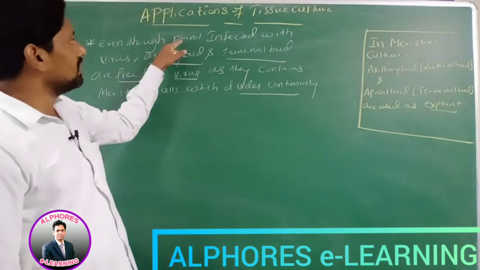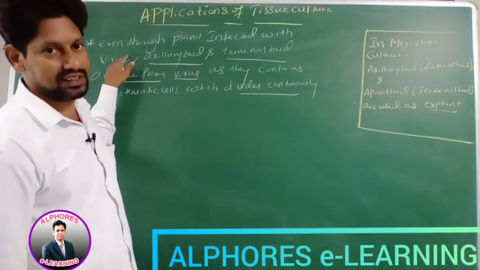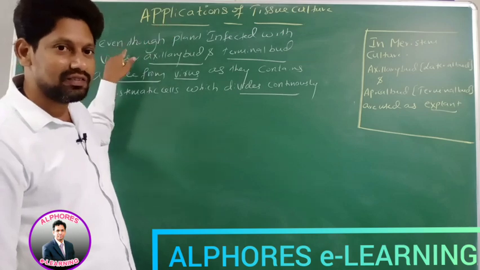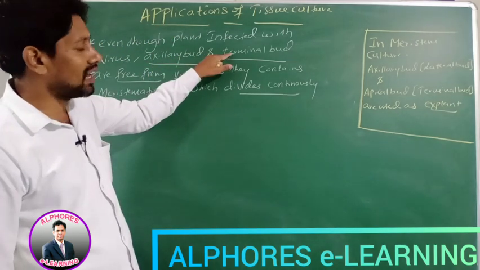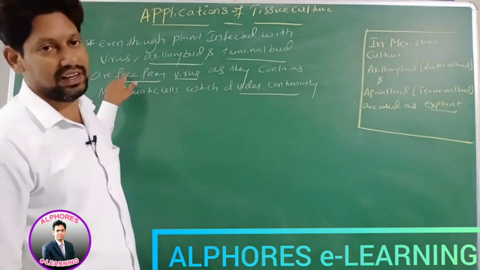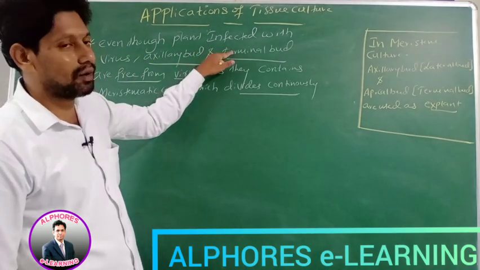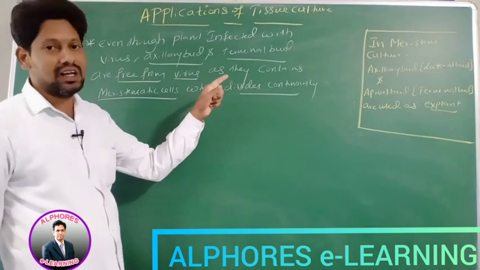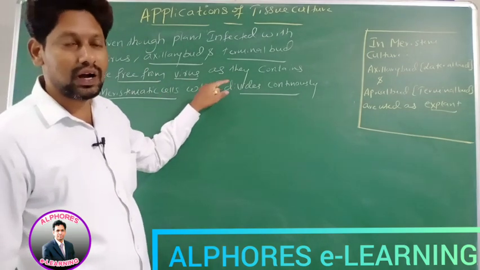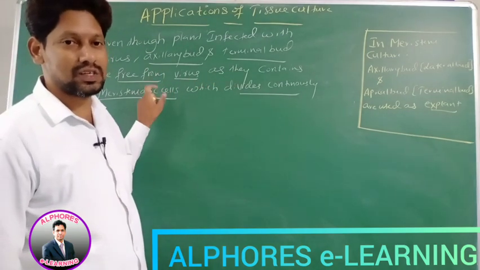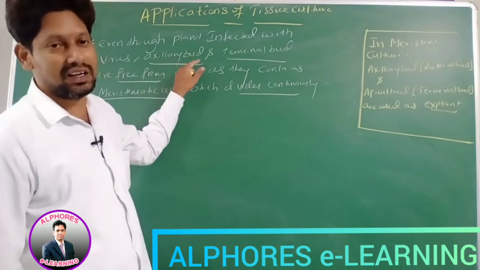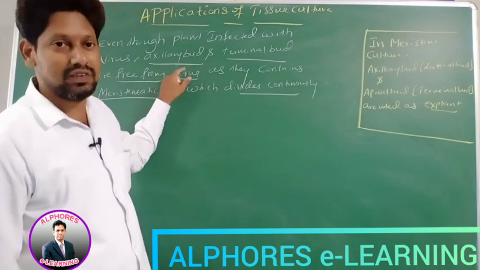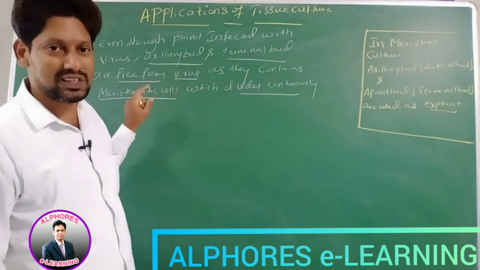Therefore, we are taking a plant which is infected with virus. Even though the plant is infected with virus, the axillary bud and terminal bud of that plant are free from virus, because they contain meristematic cells, which divide continuously.